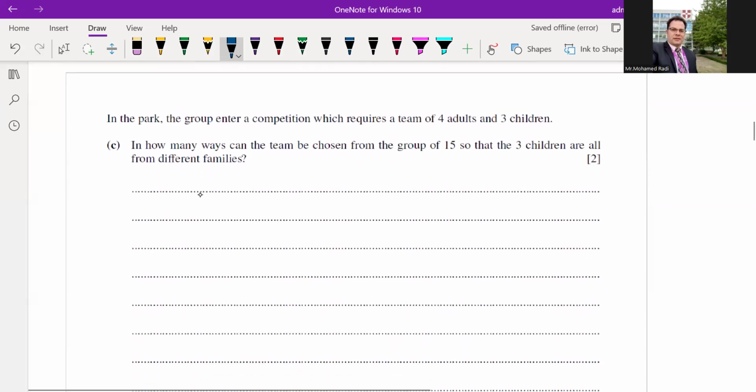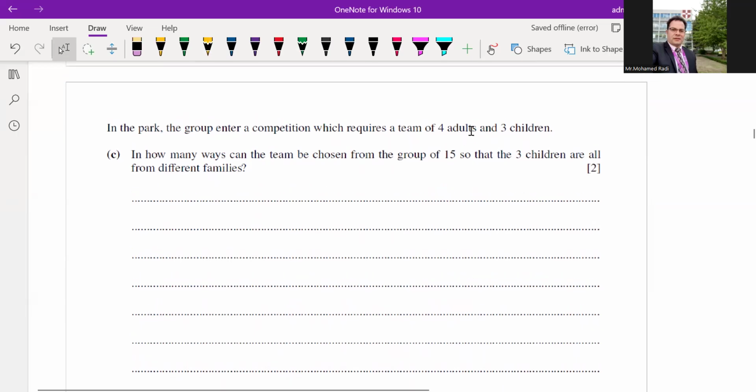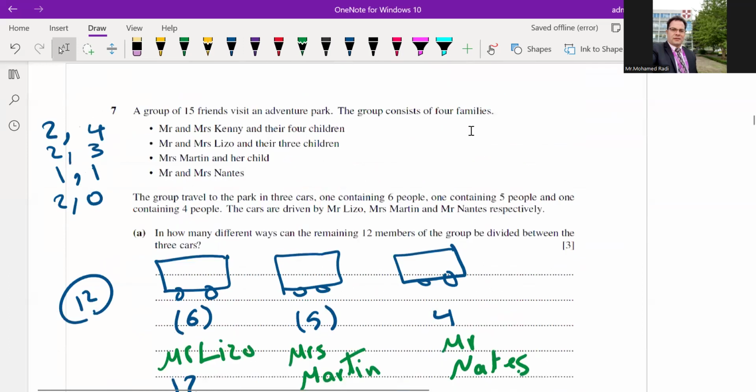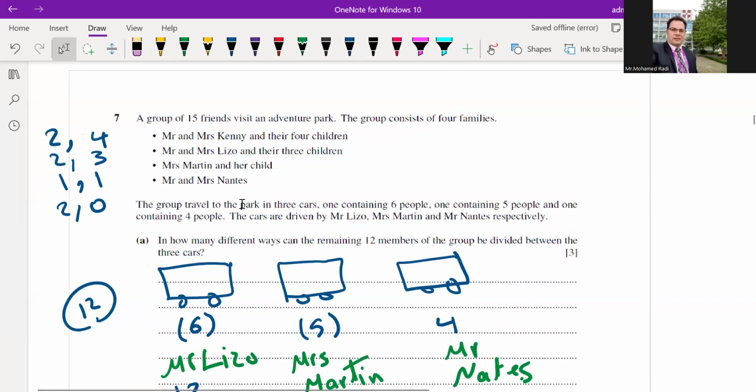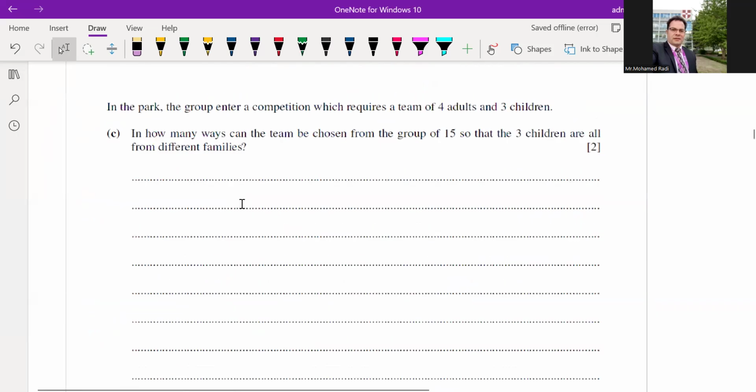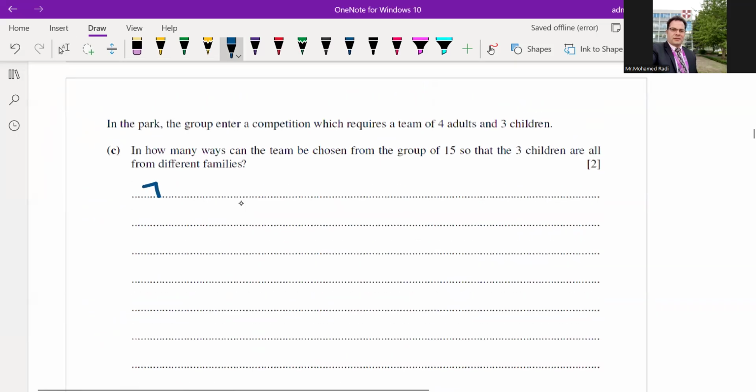Part C. In the park, the group enter a competition which requires a team of 4 adults and 3 children. Before we start, how many adults do we have? 2 plus 2 plus 1 plus 2, that is 7 adults, and 8 children.